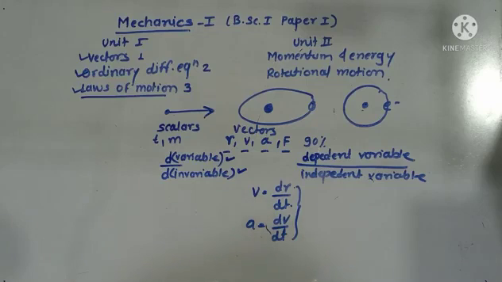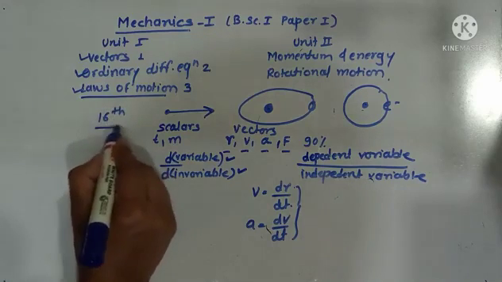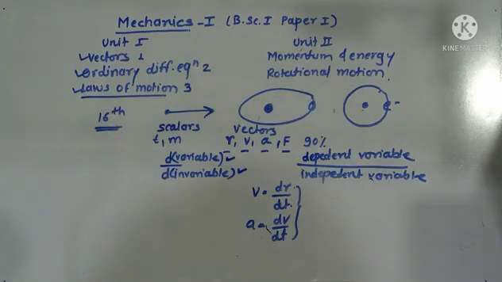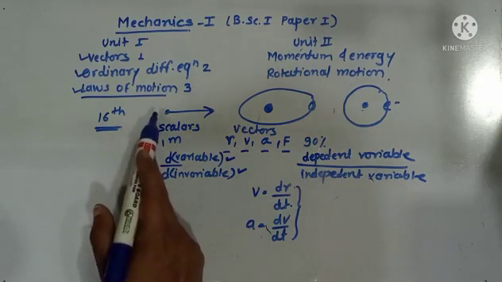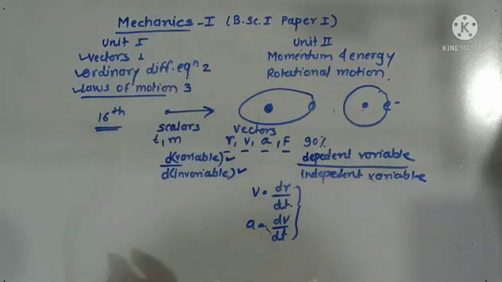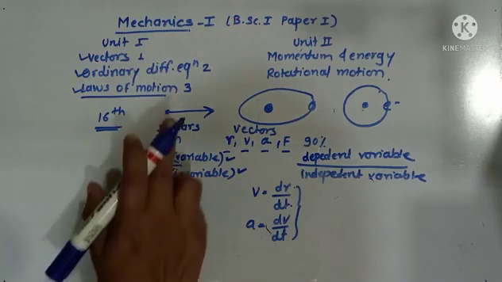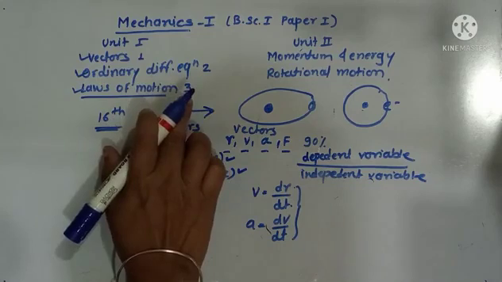From the concepts of these laws, in nearly the 16th century, classical mechanics started. So we are going to study Newton's three laws of motion, on which all this mechanics is going on, in part 3 of unit 1.